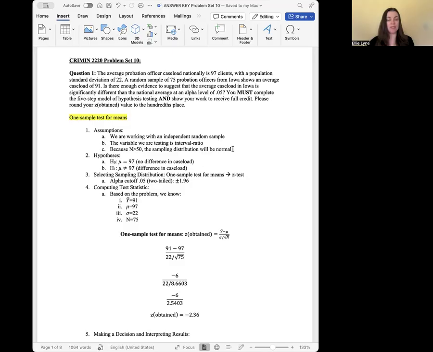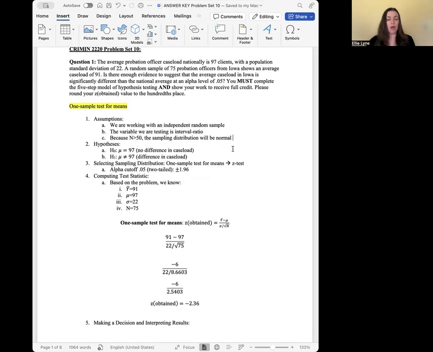Our hypotheses. Okay. Always make sure that we have these written in statistical notation. So starting off, I know that my null hypothesis will always start with H with a subscript of 0, and my research or alternative hypothesis with an H1 or an HA with a subscript. Knowing that we are working with means, I have one of two options at any point with our population parameters.